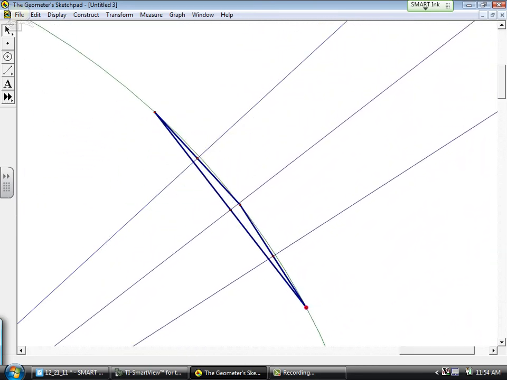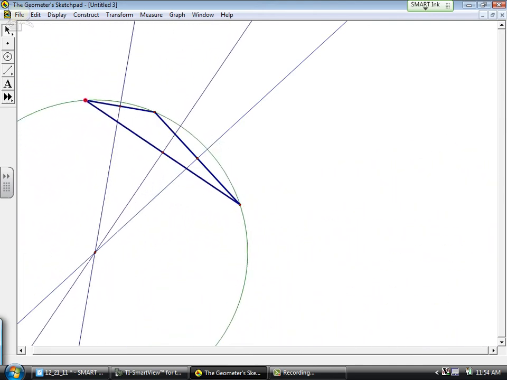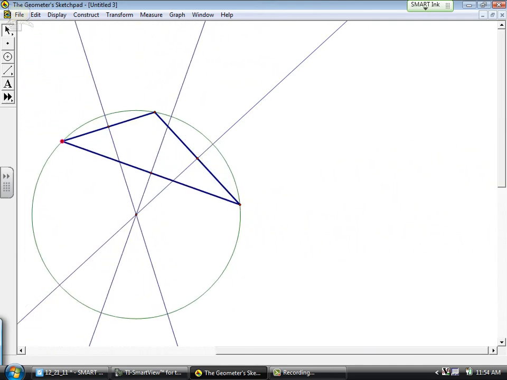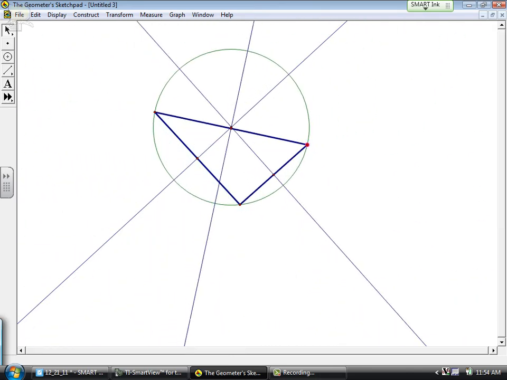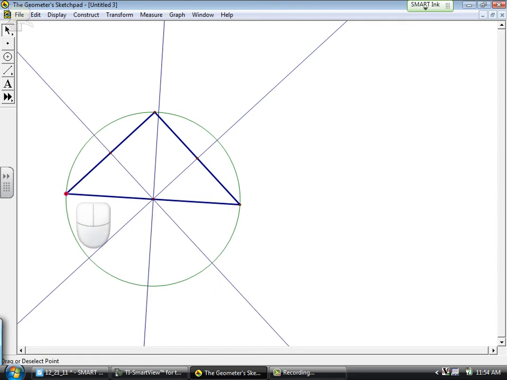It's always going to go through the triangle's vertices, isn't it? So that point also has a special purpose to it. Eventually we have compass and straightedge and we're working with that. Okay, on the next one I'll have you guys help me with it.